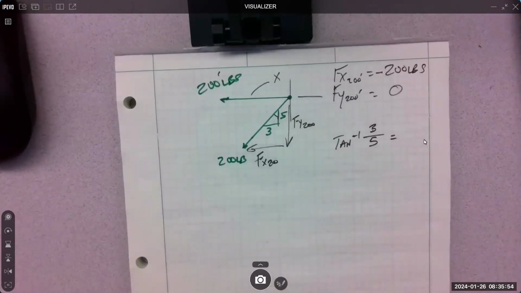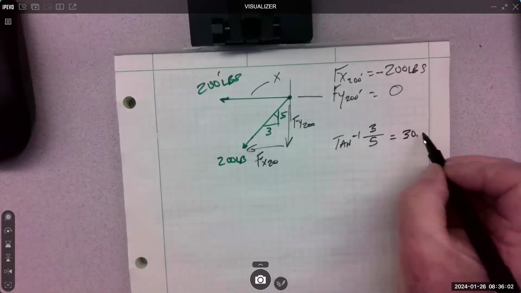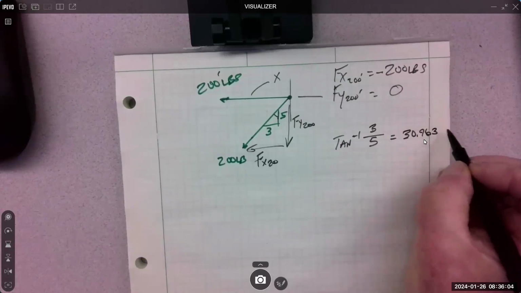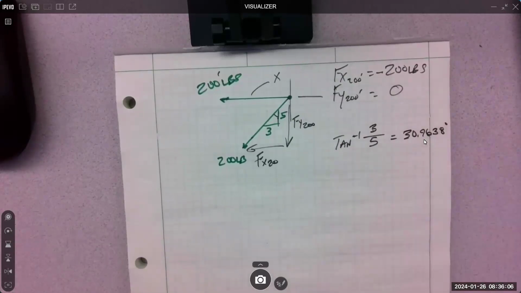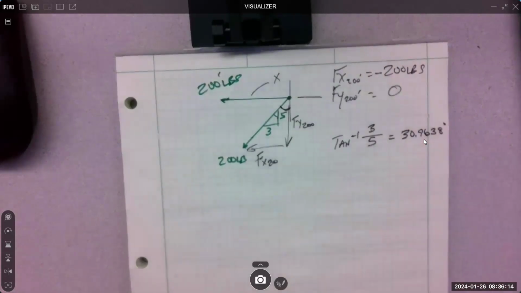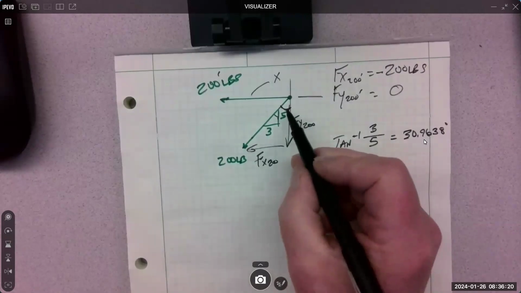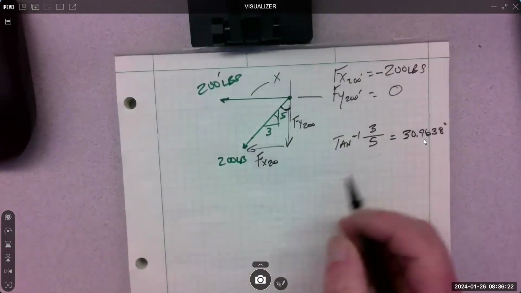That gives me 30.9638 degrees. Then if I use the sine of this, I'm going to find this x component.